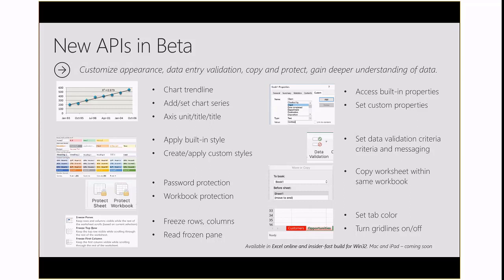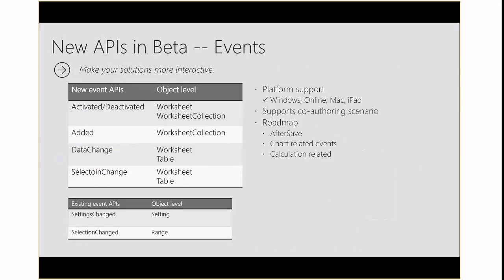Next, I want to talk about the new APIs that are in beta pertaining to events. As you can imagine, events are really core in making your add-in solution more interactive, more aware of what's going on in the workbook, and more aware of the user inputs.